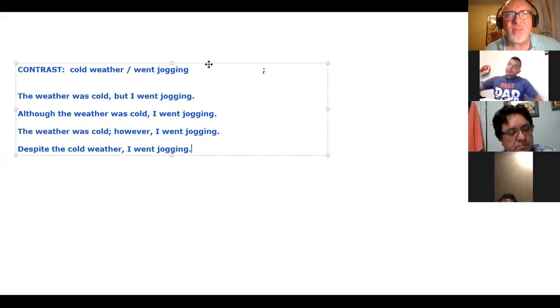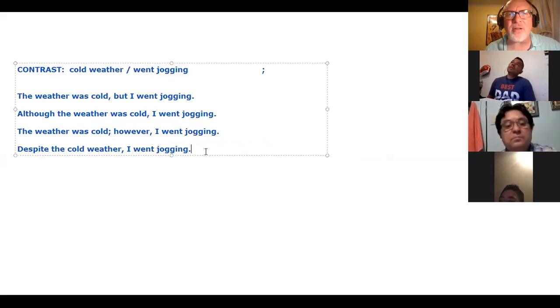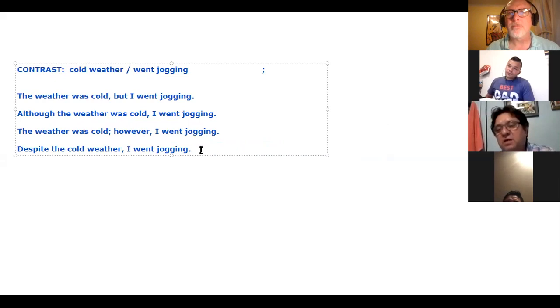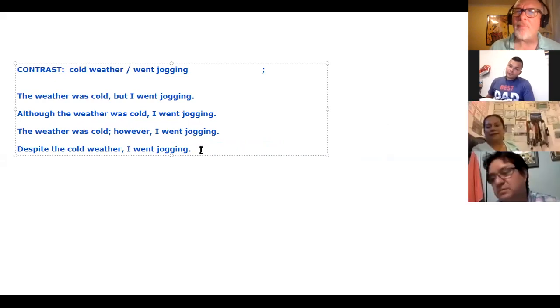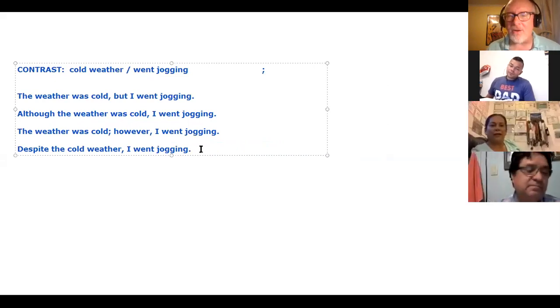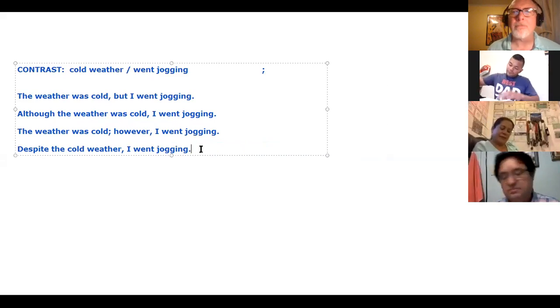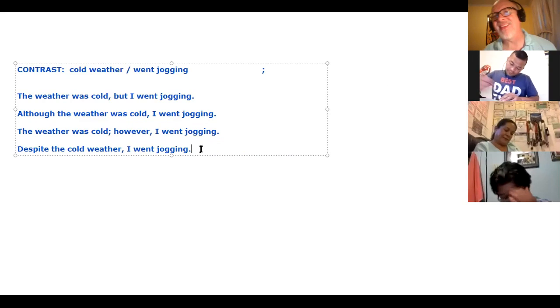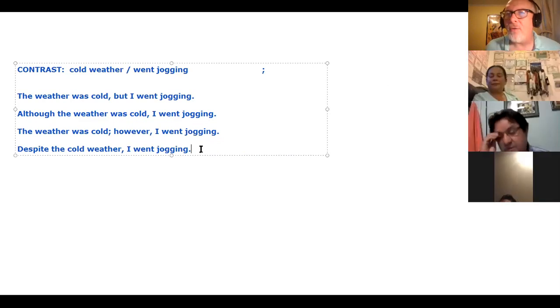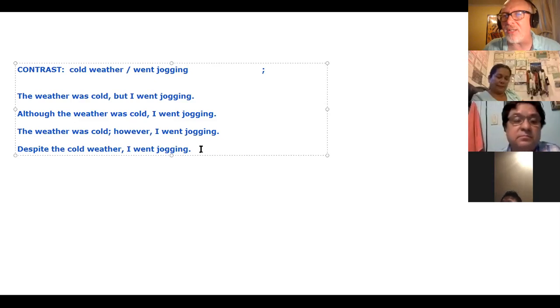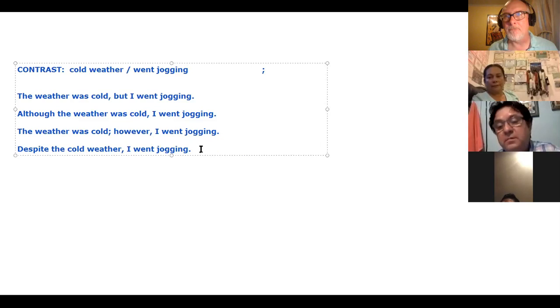I'm not sure how to translate into Spanish, but a pesar de coronavirus. A pesar de. Okay. So when we have a noun, we say despite, and when we have a subject and verb, we say although. But the meaning is exactly the same.